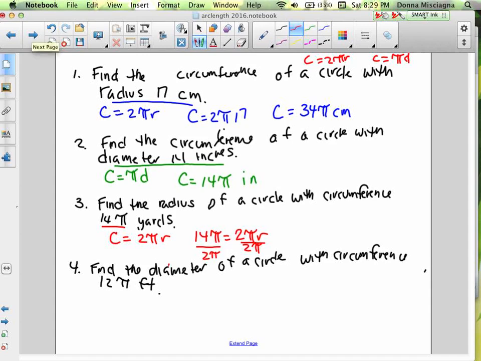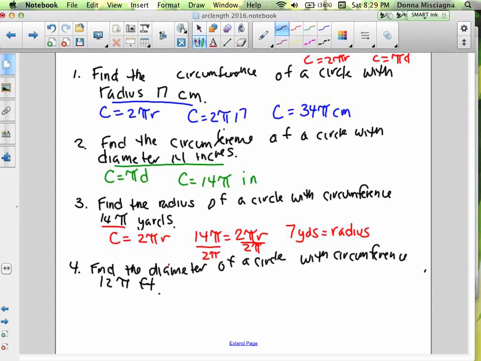You don't have to do that in 2 steps. You can do that in 1 step. Sorry, my throat gets dry when I'm talking. So 14 divided by 2 is going to give us 7. The pi's will cancel, and that means 7 yards equals the radius.